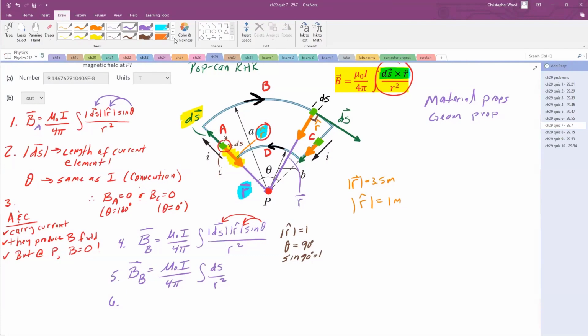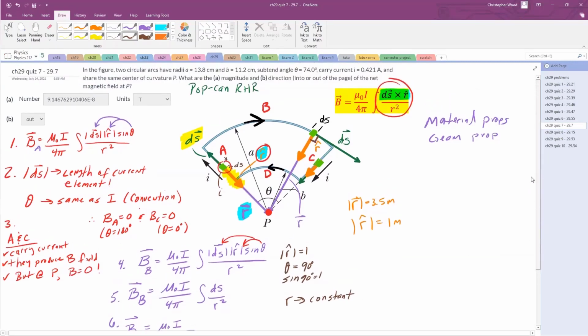So forget what I was just ranting about, and let's just say the magnetic field at point P due to arc B equals mu naught I, that's a given, over 4 pi. And I'm going to pull out the r, 4 pi r squared, because r is a constant. R is not a variable. It's a constant.